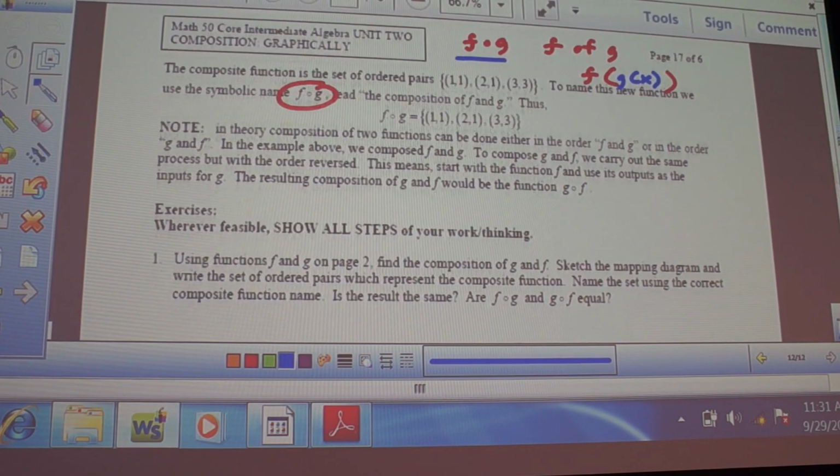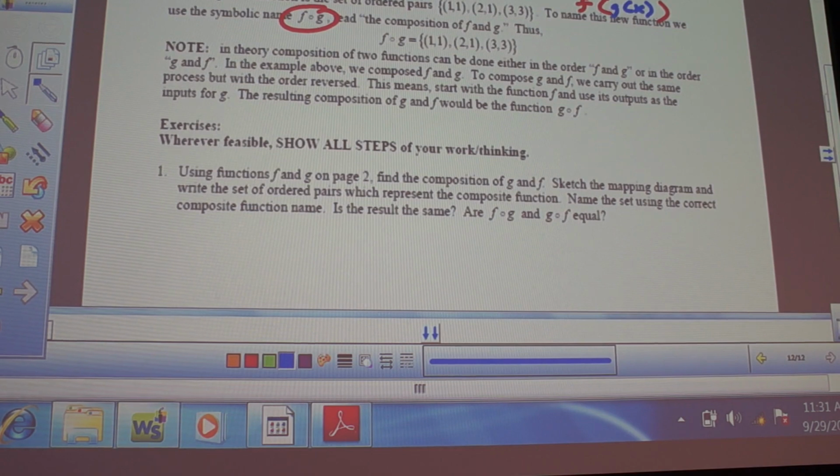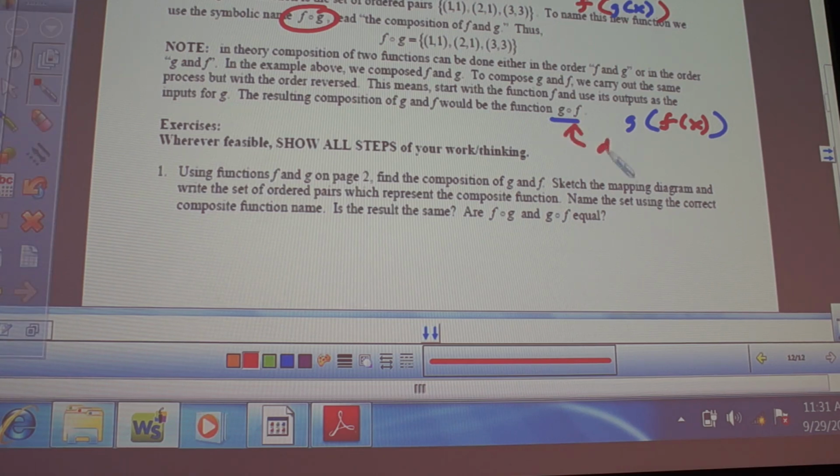Okay, so f of g is not the same thing as g of f. G of f is different. G of f is g of f of x. So here you do f first, then g.